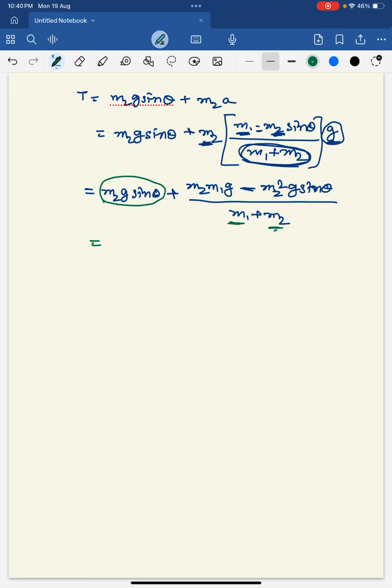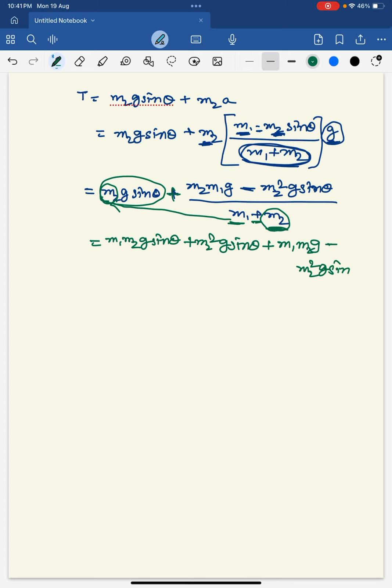First m1 is multiplied with m2, so that means m1 m2 g sin theta, plus m2 into m2 means m2 square g sin theta, here again plus m1 m2 g minus m2 square g sin theta, divided by m1 plus m2.